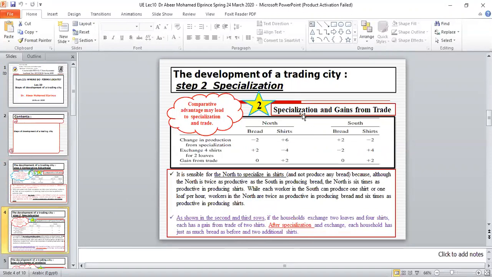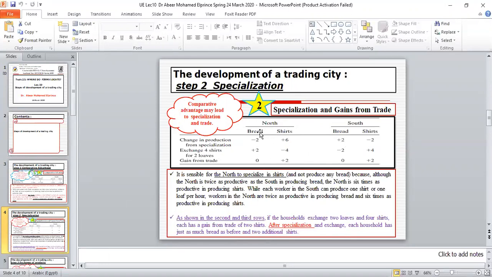number 2, step 2, specialization and the gains from trade. Because there is a comparative advantage, it may lead to specialization and trade. Each region will specialize in its comparative advantage product and then exchange between both and achieve gains from trade.